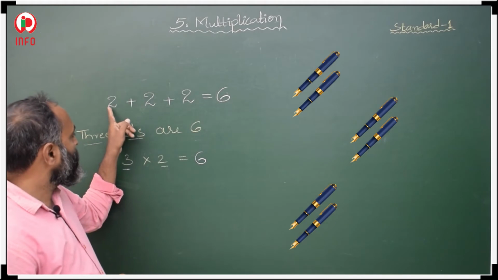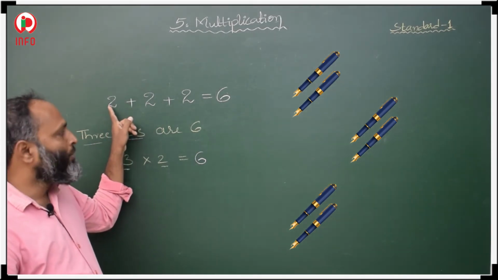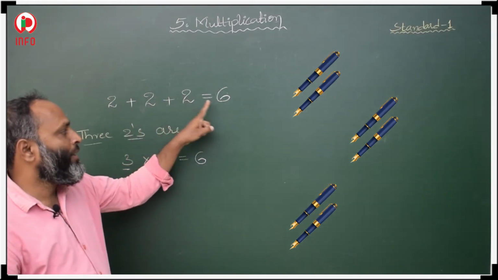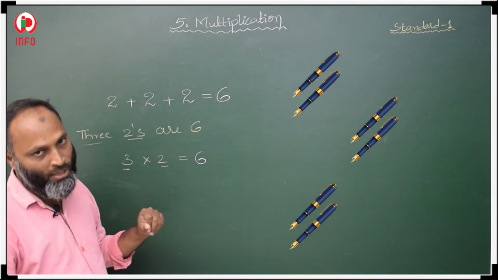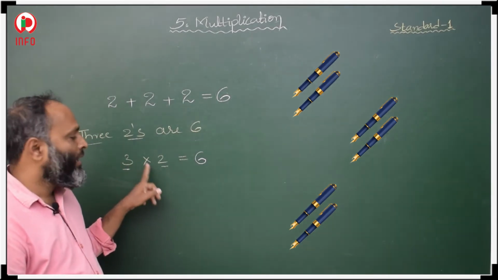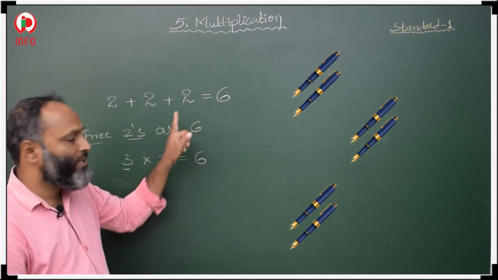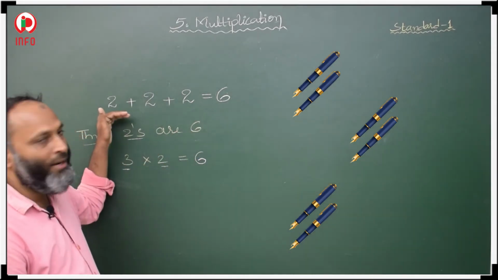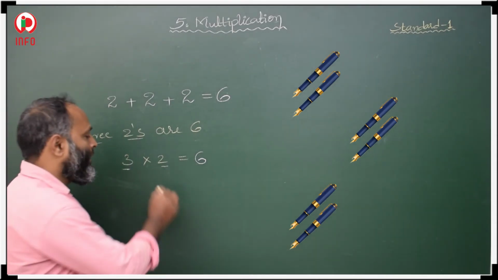So what answer did we get here? Repeated addition 2 plus 2 plus 2, the answer is 6. And in short, applying mathematically means multiplying. What answer did we get? 3 twos are 6. Both are the same. Whenever repeated addition is there, we can apply multiplication. What is the symbol?